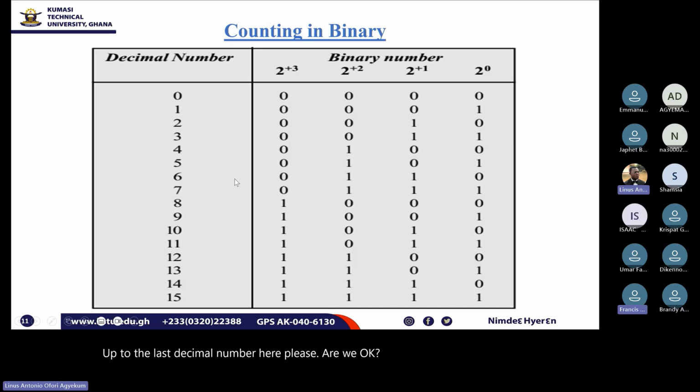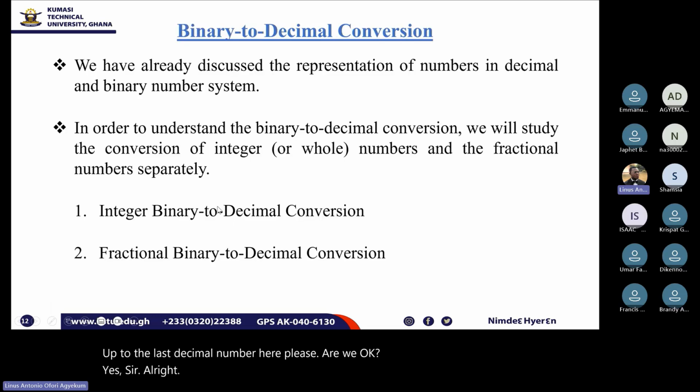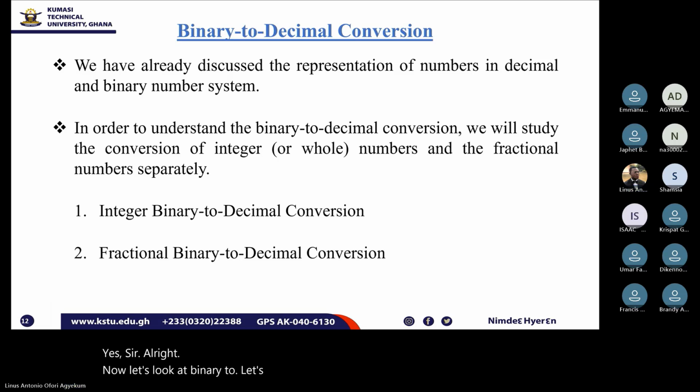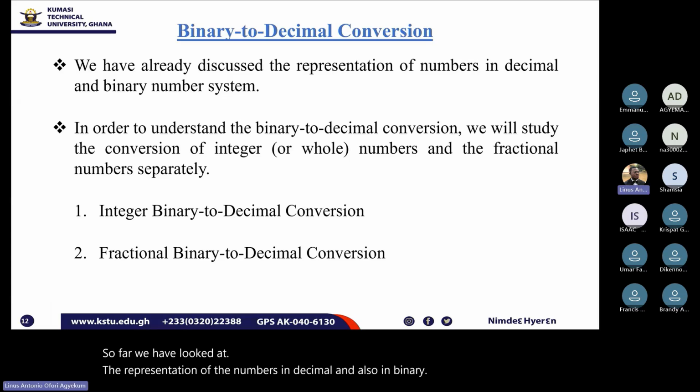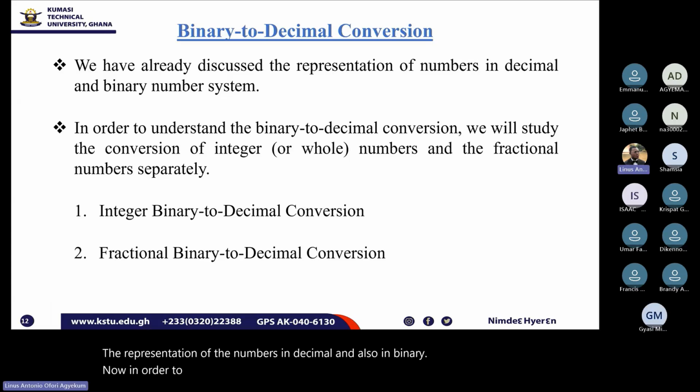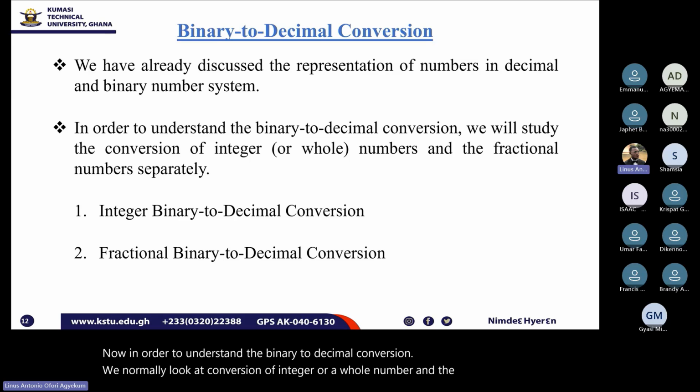Now let's look at binary to decimal conversion. So far we have looked at the representation of the numbers in decimal and also in binary. Now, in order to understand the binary to decimal conversion, we normally look at conversion of an integer or a whole number and the fractional numbers separately, okay?